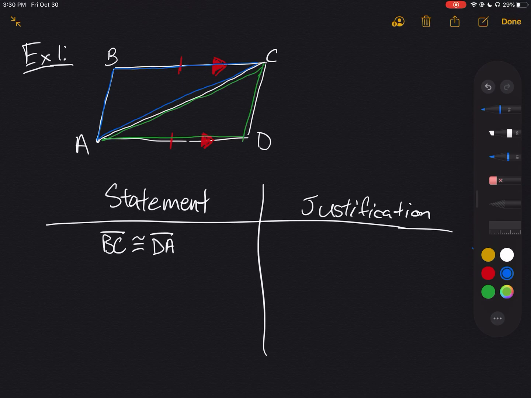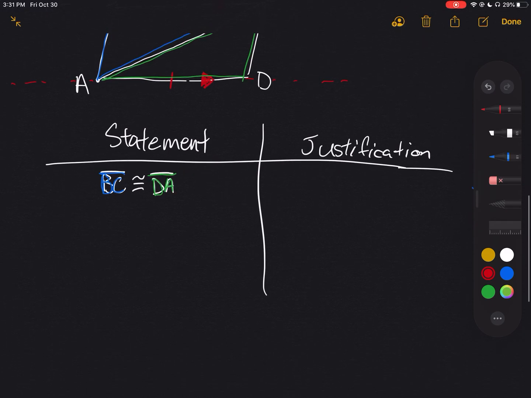So I'll write BC congruent to DA, right? The second thing is that we know those two lines are parallel, right? So essentially that means if I were to extend them out, they would never meet or never cross. So I'll also write that out.